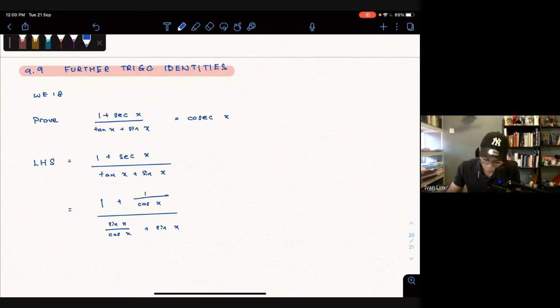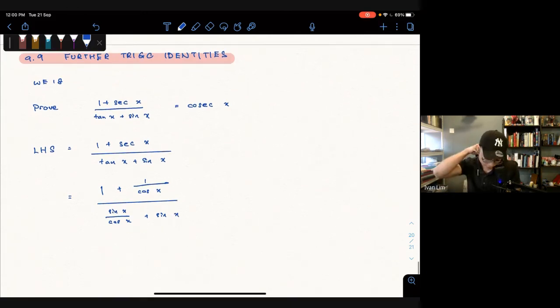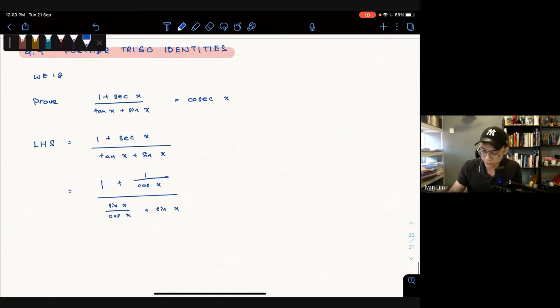We want to simplify this entire thing. One thing we can do is make the top into 1 fraction and the bottom into 1 fraction. On top, I make the denominator cos x, so it'd be cos x plus 1 over cos x.